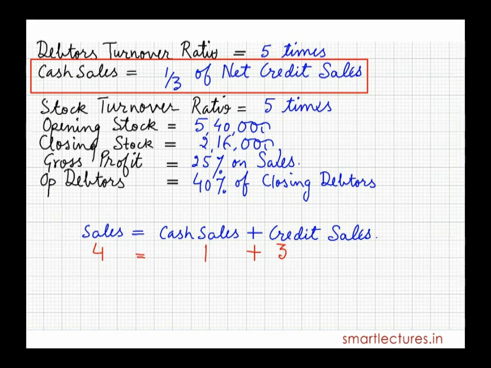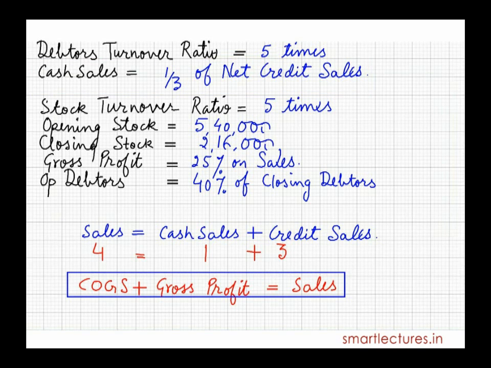And you know the formula, cost of goods sold plus gross profit is equal to sales. So in that situation, suppose sales are 100. In that case, the gross profit will be 25 rupees. This thing is clearly given in the question. So 75 rupees is the cost of goods sold. It means 75 plus 25 is equal to 100.